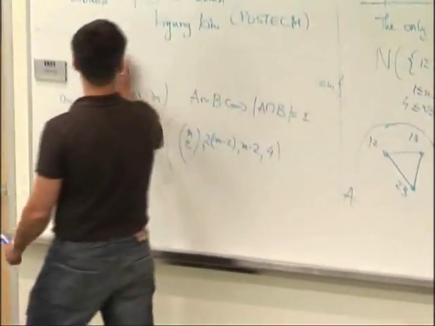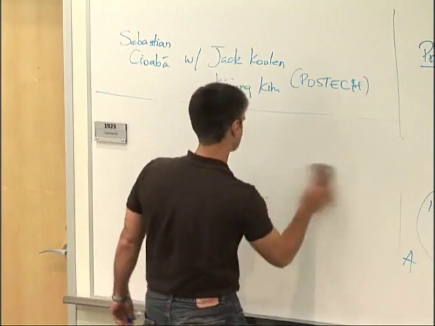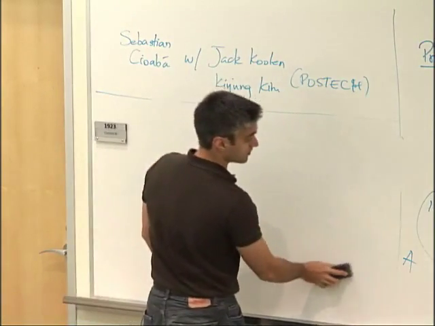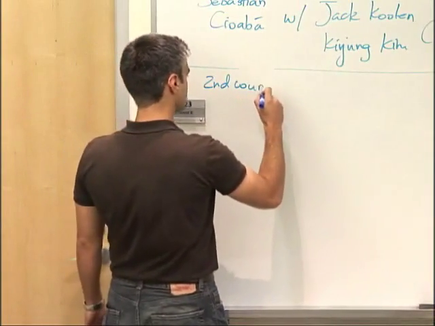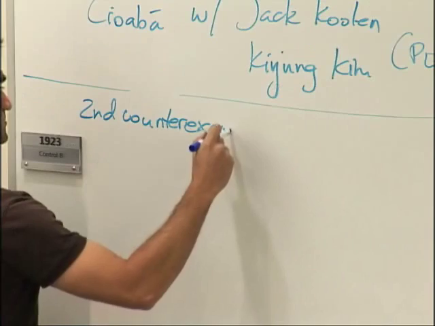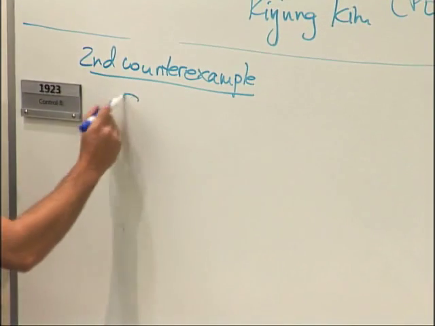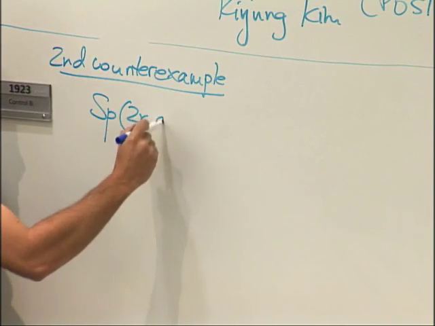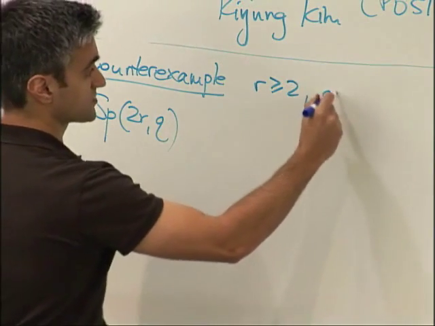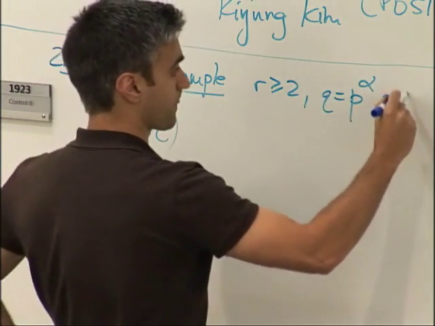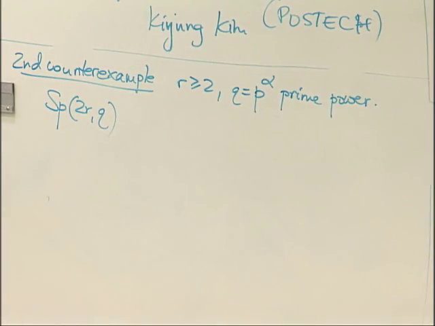Let me write the second counterexample. The second counterexample is the following. It's called the symplectic graph. There are two parameters, r and q. r is an integer greater or equal to 2, and q is, again, a prime power. And there is a matrix involved.